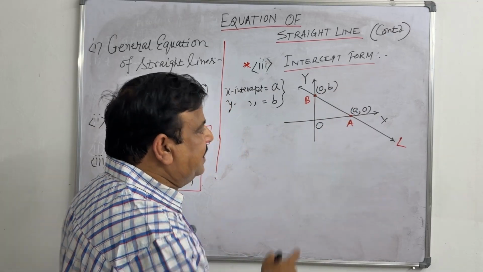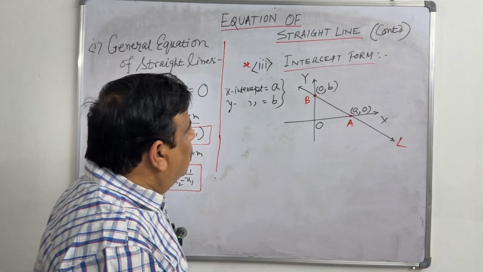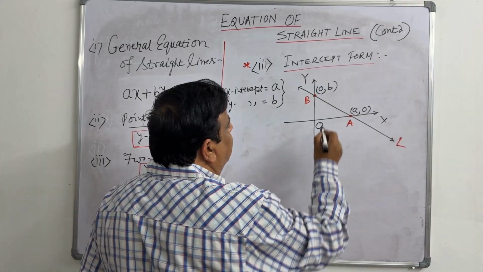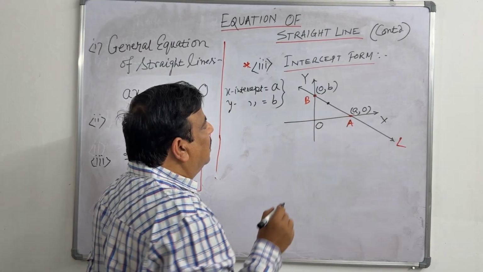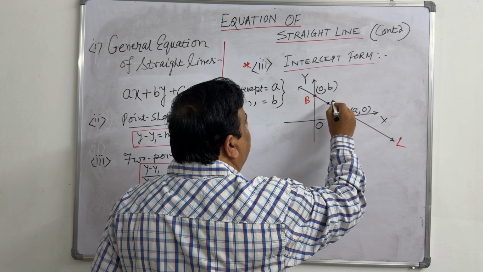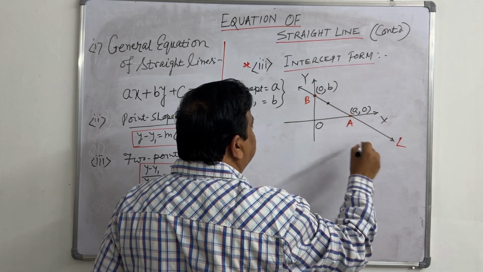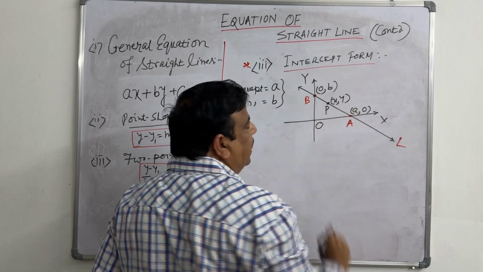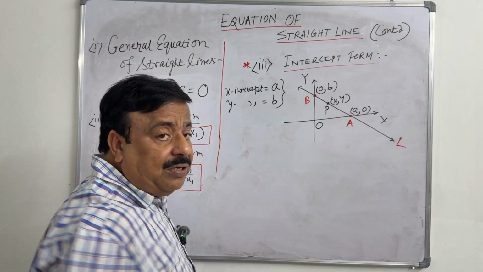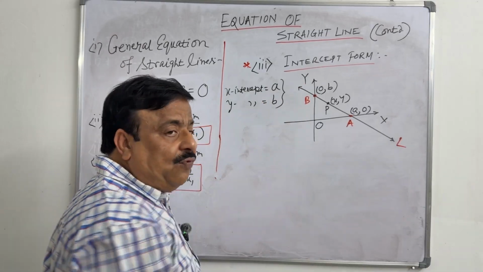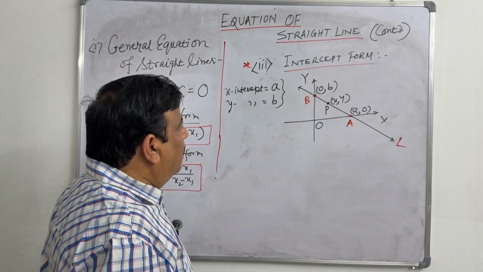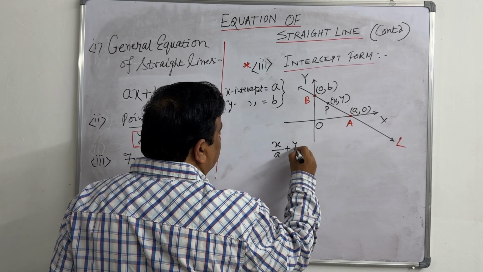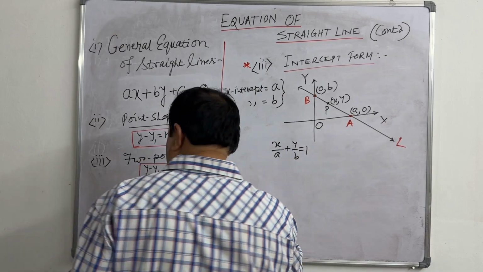Because x-intercept is a and y-intercept is b. We have to find the equation of this line. Say at any instant the coordinate of a point moving on the locus of the straight line is P, say this is (x, y). So what is the equation of the line in intercept form? Let's see. The equation is x by a plus y by b is equal to 1.